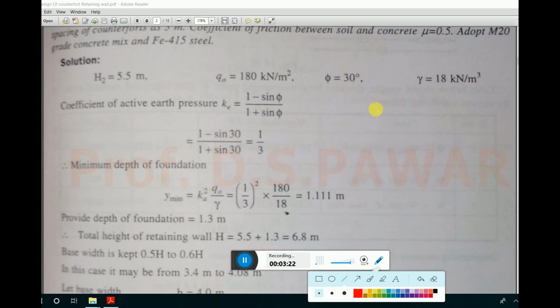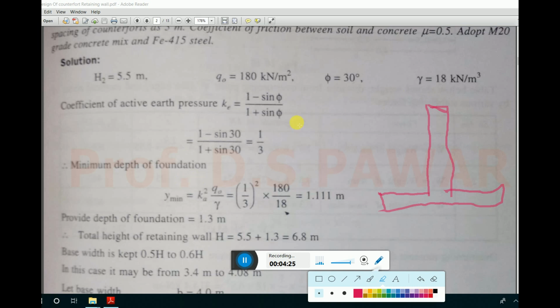If you take the retaining wall, typically you see the stem, heel slab and toe slab.